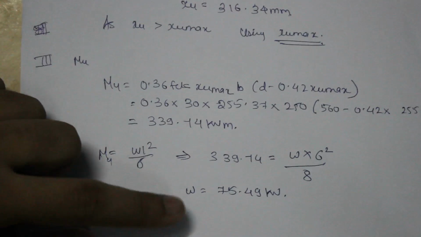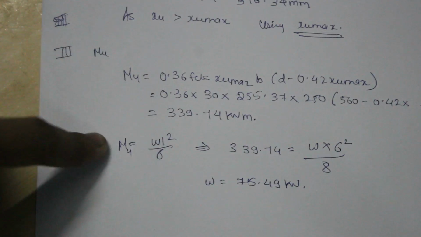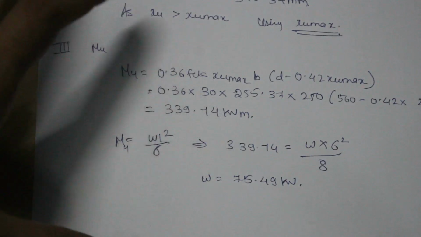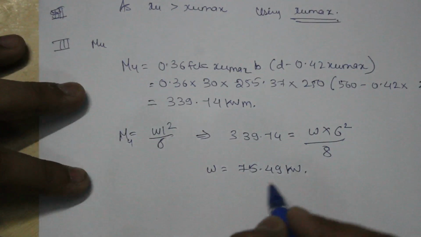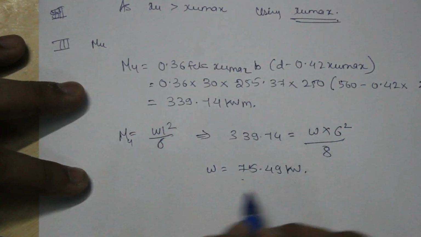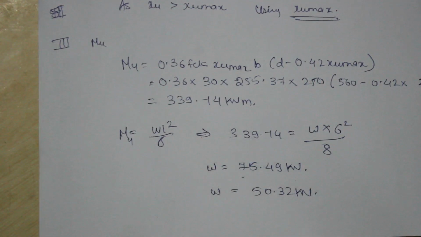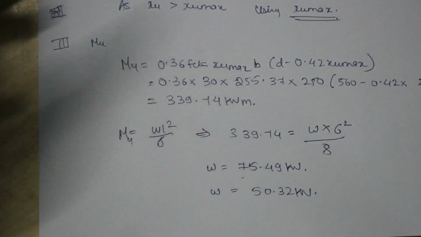So this value of W is the factored load, because the value of moment we used was the factored moment value. If we divide it by 1.5, you'll get the working load, which will be 50.32 kilonewton. So that's the analysis type of problem. We'll see the design problem after this.